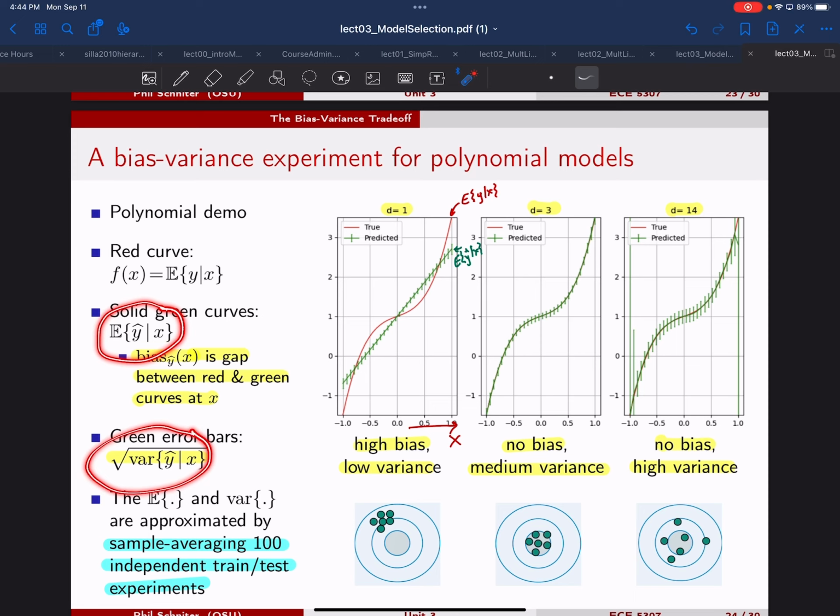I don't think there's any closed analytical way to derive this for our polynomial model, perfectly at least. So we're just doing this as a numerical approximation to the things we would like to analyze. Okay, any other questions? Yes.